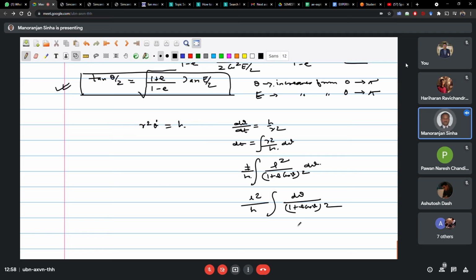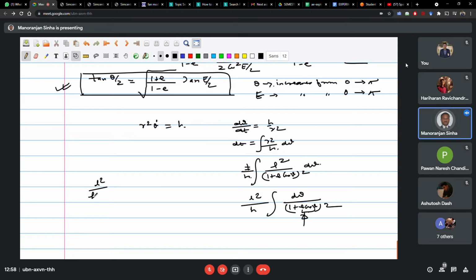So this we need to integrate. This integration is not straightforward. Either you look into your calculus, or once we go to the hyperbola part, at that time we will consider all those things. A number of approaches is possible. In calculus, you do certain manipulation by replacing this term with something else, and then try to solve it. The same thing is being done here. This is not directly integrable.